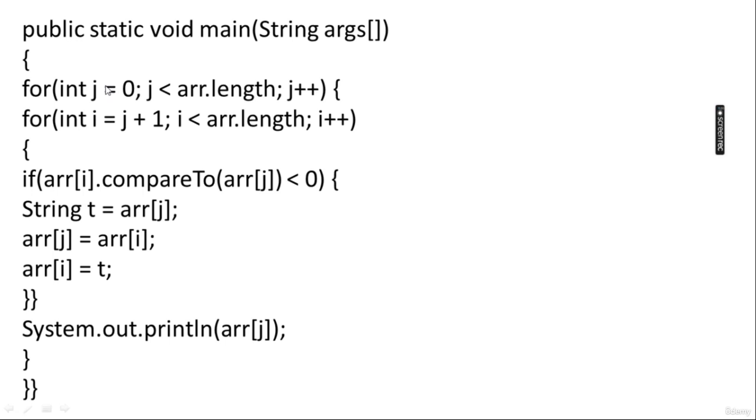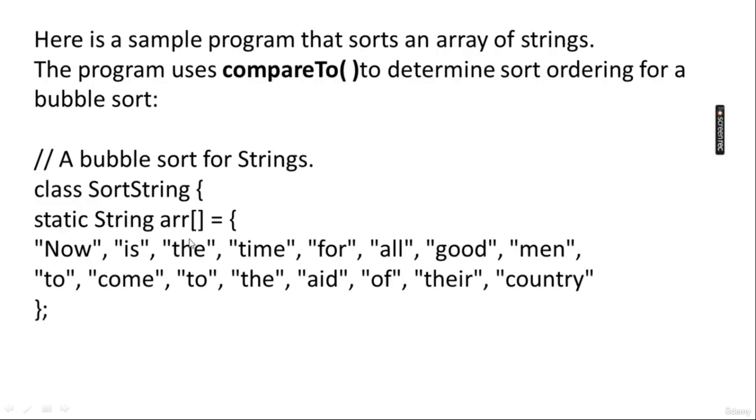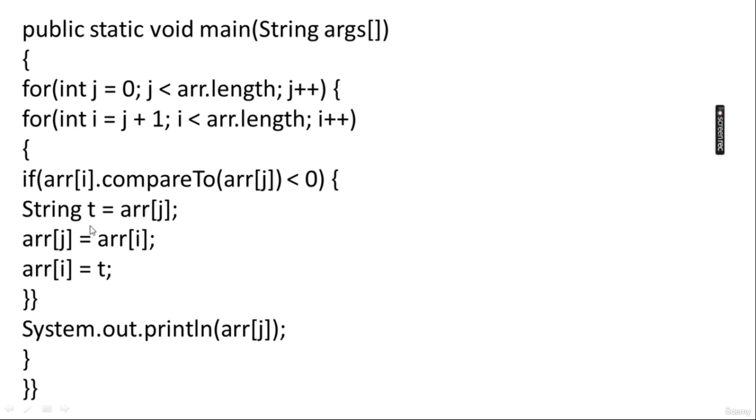Then the words from now to country are written line after line. Then if array[i] compareTo array[j] is less than 0, String t = array[j], array[j] = array[i], array[i] = t. So what is this? This is a swapping operation.